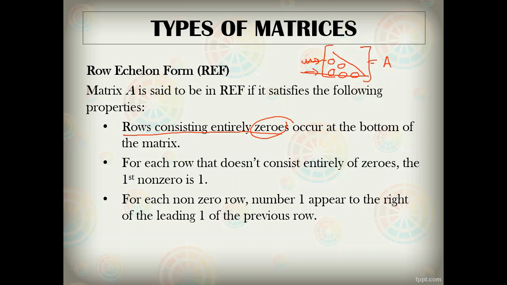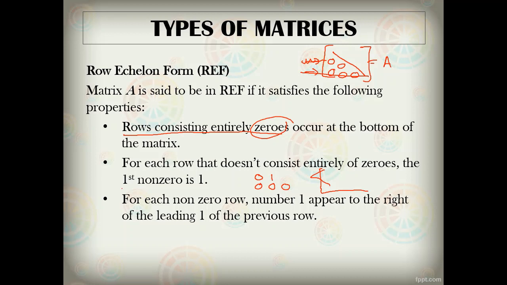Right, so the second property: for each row that does not consist entirely of zeros, the first non-zero number is 1. Let's say you have 0, 0, 0 at the bottom part. So the first number after 0 must be 1.